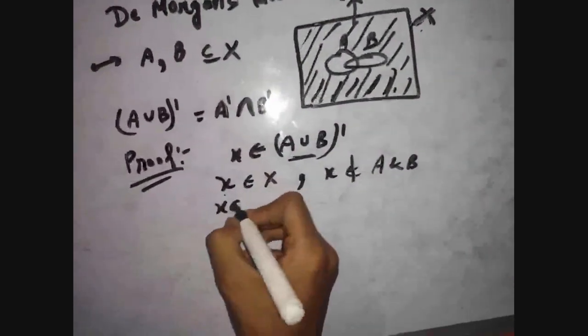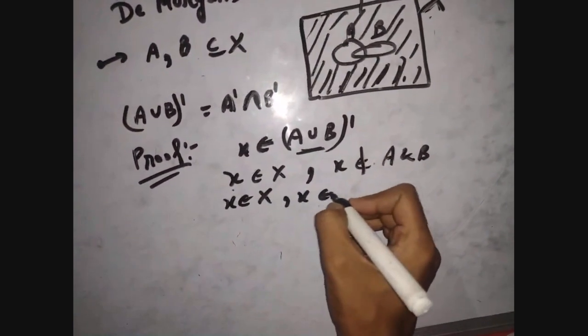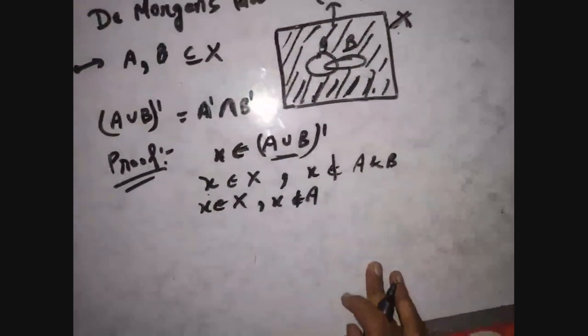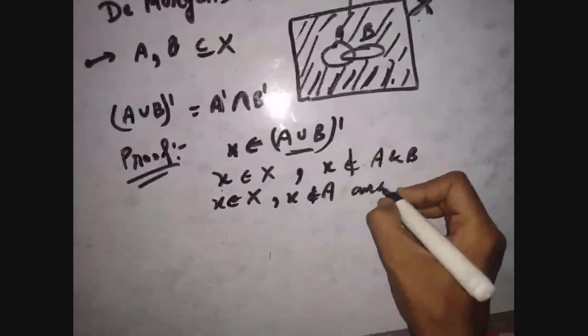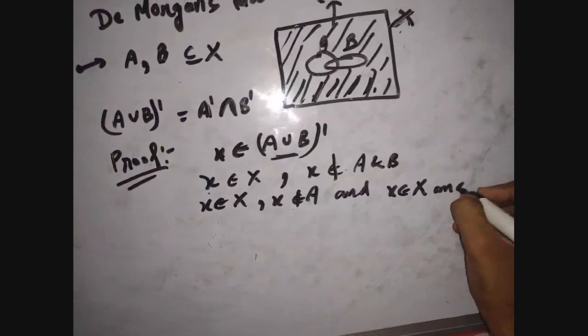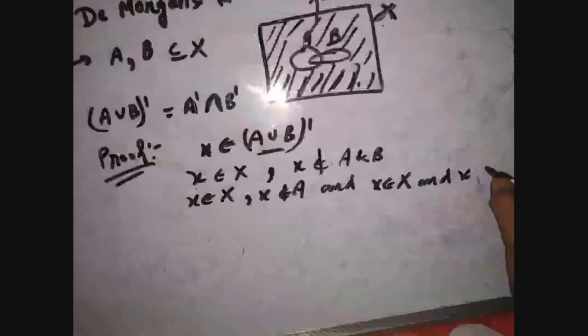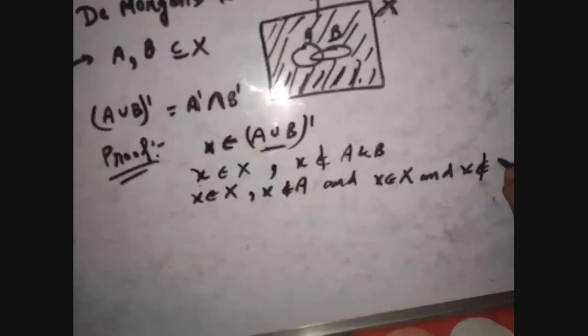So from here we can write that x belongs to X and x does not belong to A, and x belongs to X and x does not belong to B.